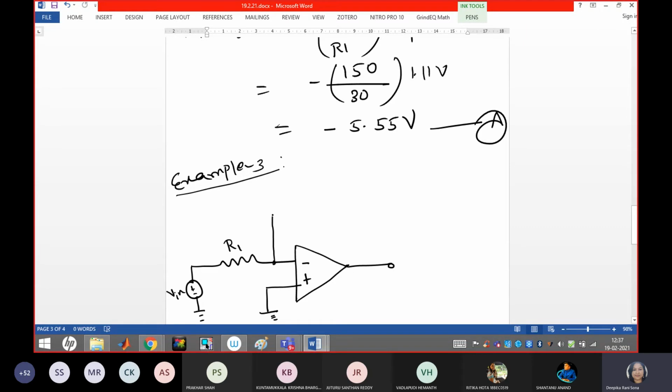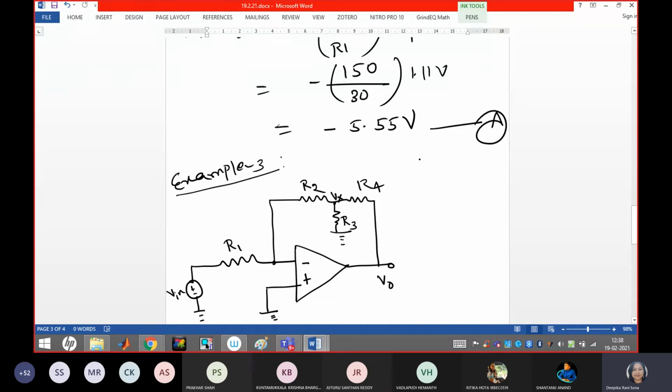And suppose here you have to label this as Vx.